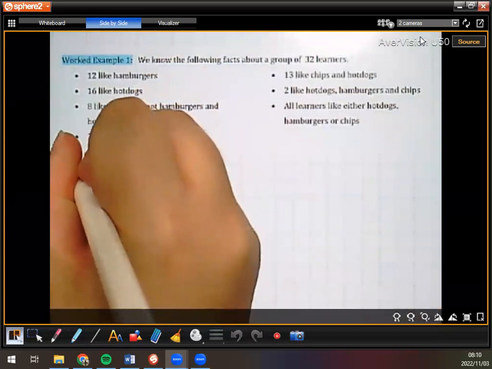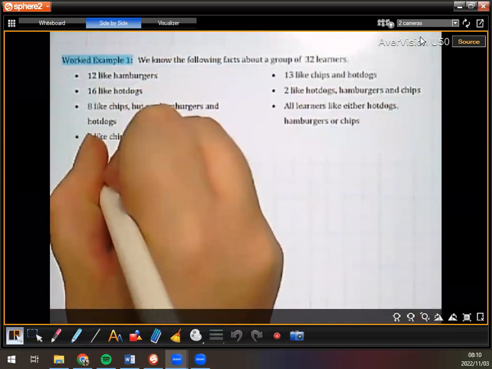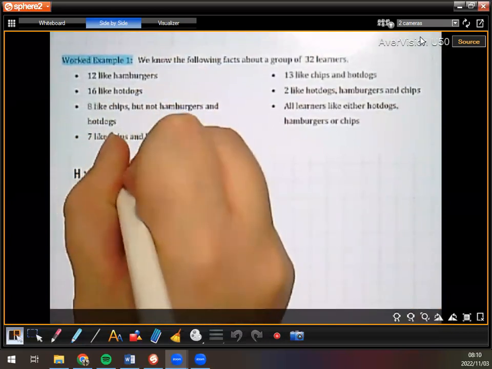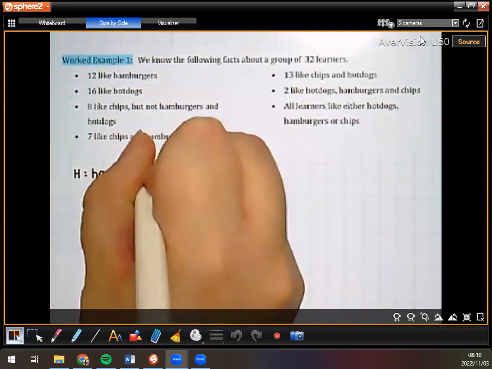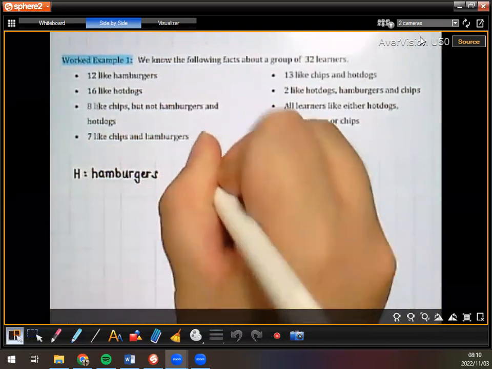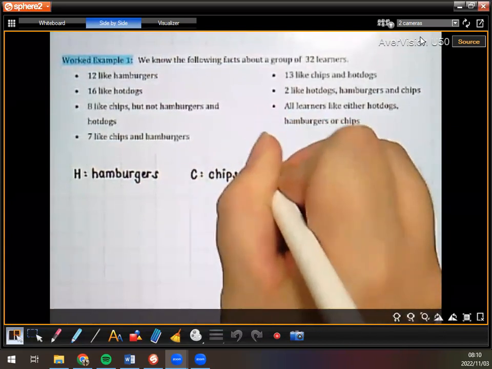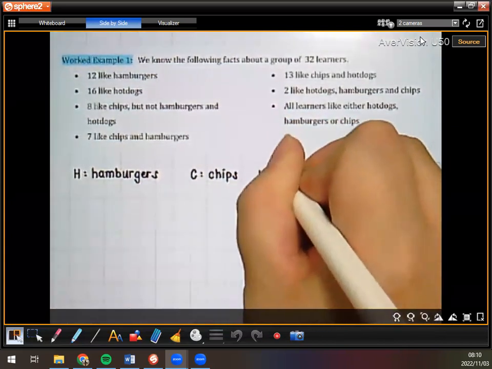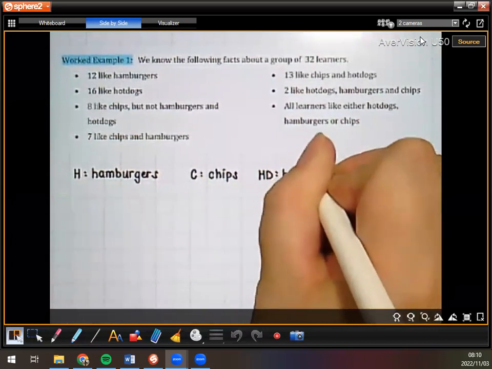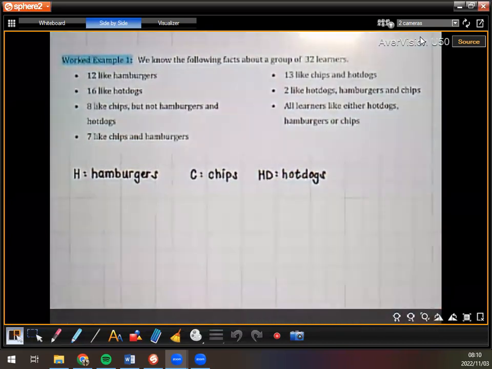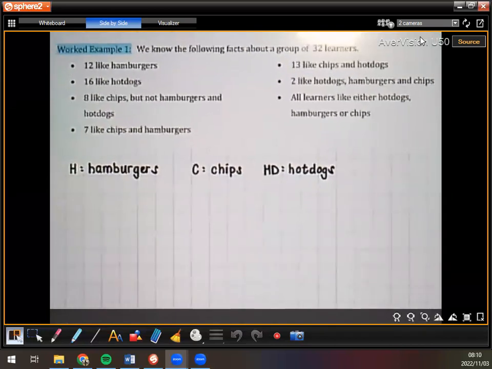All right, so I'm just going to write that H is hamburgers, C is chips, and then HD for hot dogs. Right, guys, now we're going to have to find something to draw a circle with, so it comes out like a perfect thing.